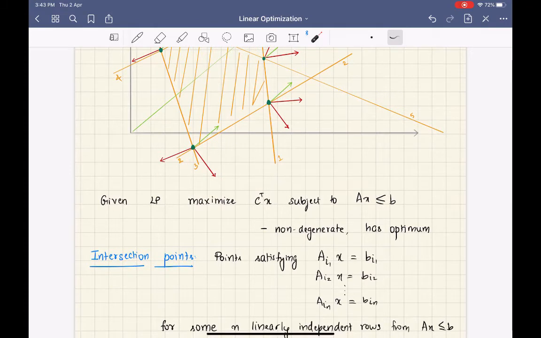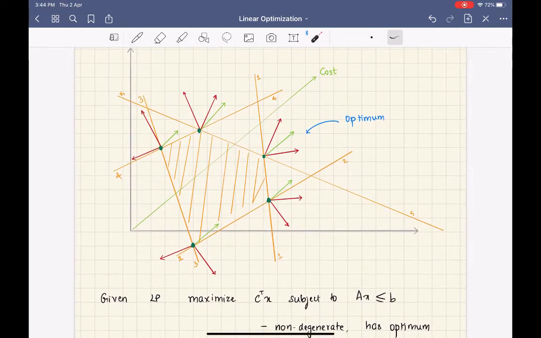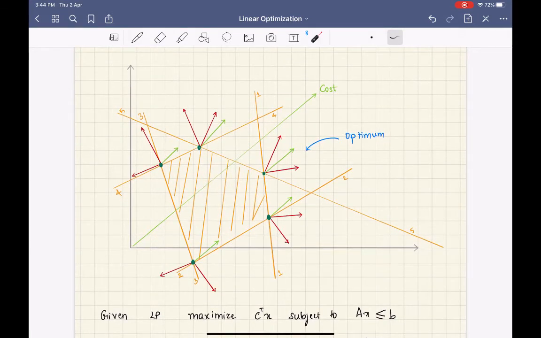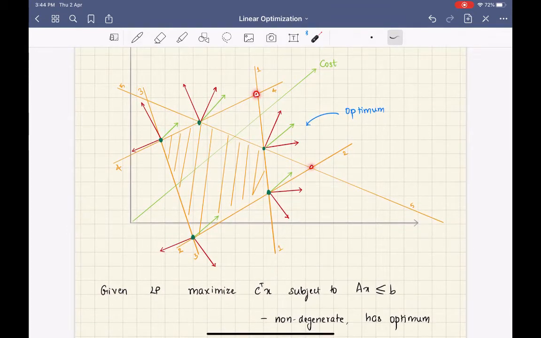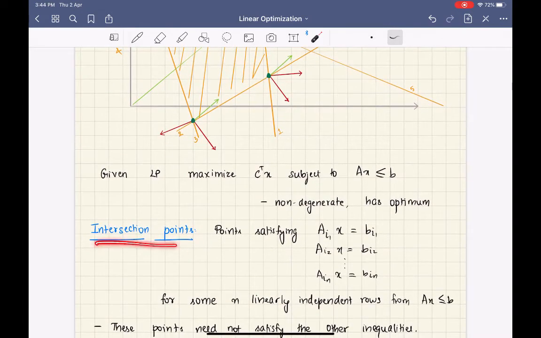Our first definition today: in this two-dimensional case, to get an extreme point we needed two hyperplanes. Look at this point, which is the intersection of 4 and 1. This is not feasible because it does not satisfy this constraint. We will call such points, which are obtained as intersections, intersection points.